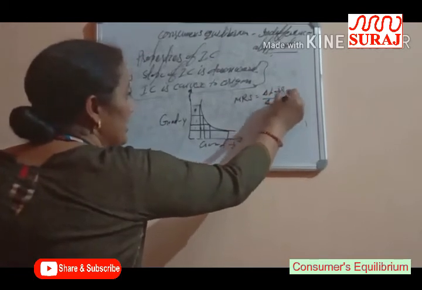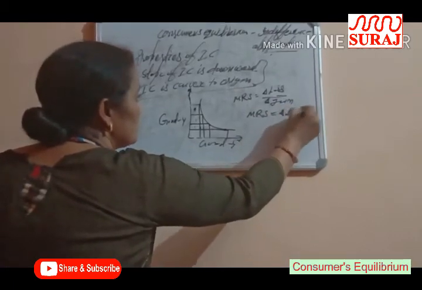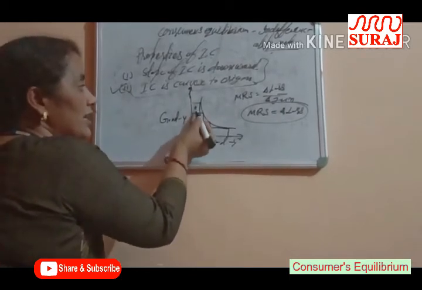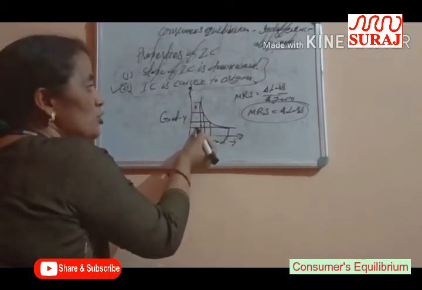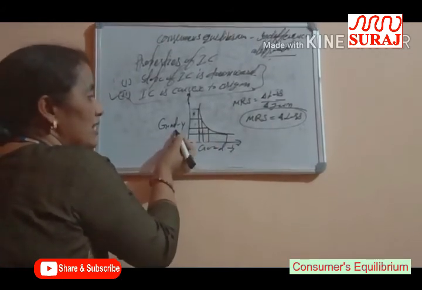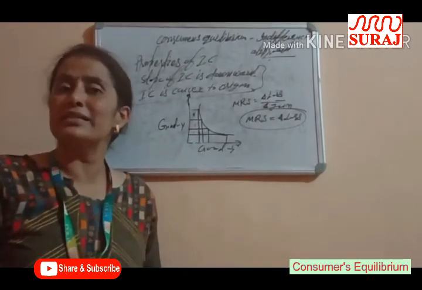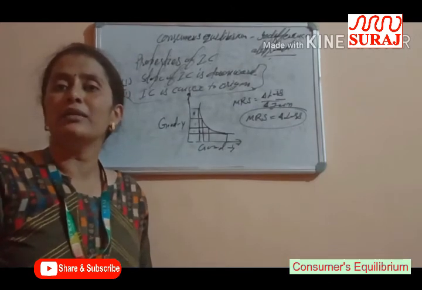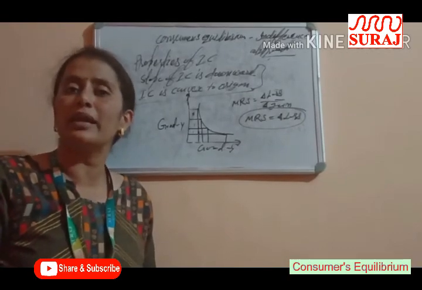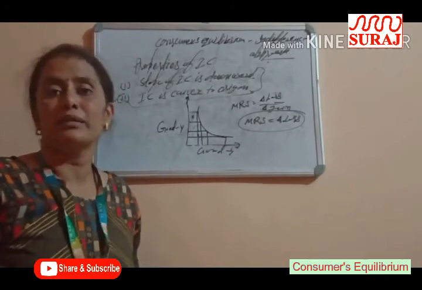It shows the change in loss, and this rate continuously decreases. As we gain more of this good, we sacrifice less and less units of good Y. So the change in loss is less than the change in gain, and for every additional unit the marginal rate of substitution continuously declines. So the slope of IC is convex to the origin, right?